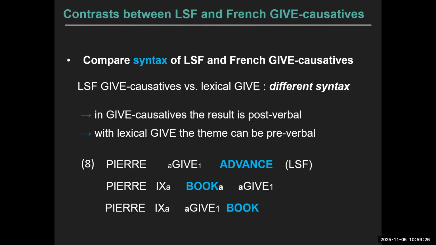So we could say Pierre give advance, or Pierre give book. So we have this classifier here of being given something. But you can also say Pierre give advance. So we have this verb, and this verb suggests that there's a change in the status of something. This is different to when someone is giving someone something, right? This is a different function.